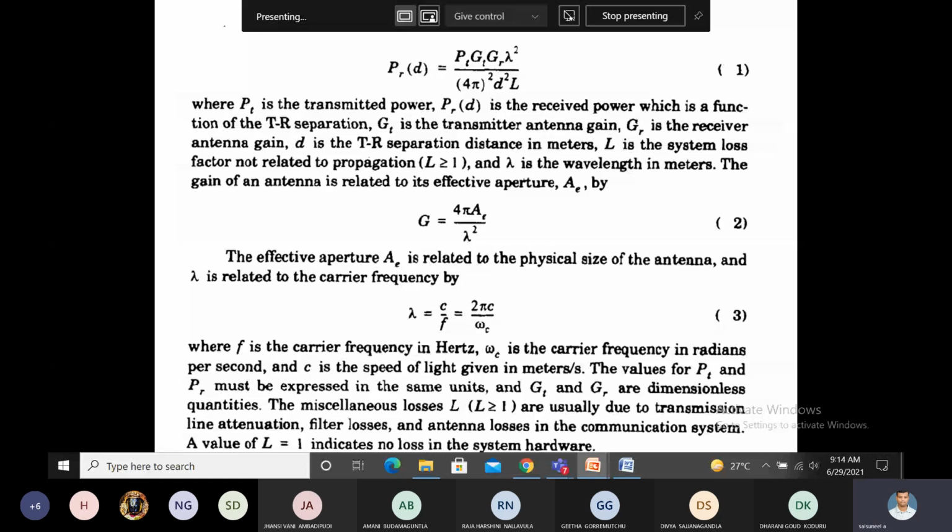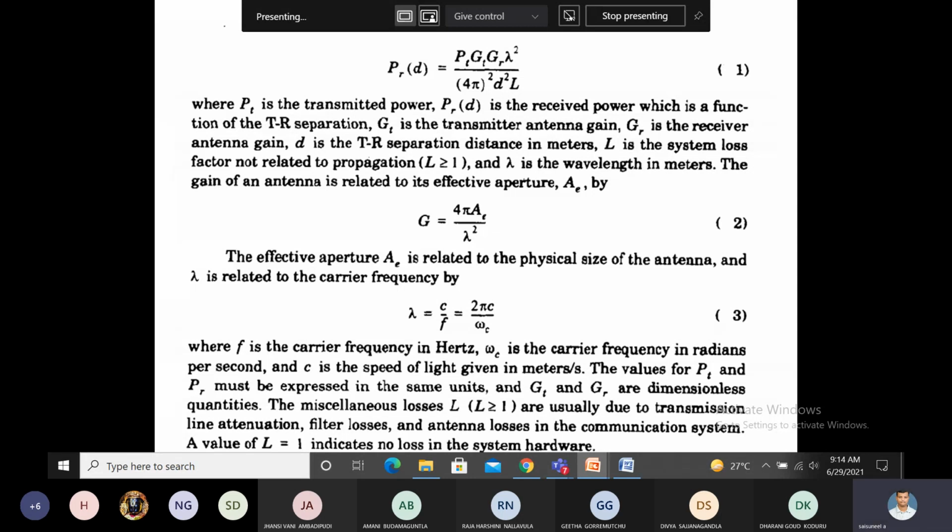We know the relation between the gain of the antenna and the effective aperture. What is meant by aperture? Aperture is the opening mouth of an antenna. The gain is equal to 4 pi AE by lambda squared.